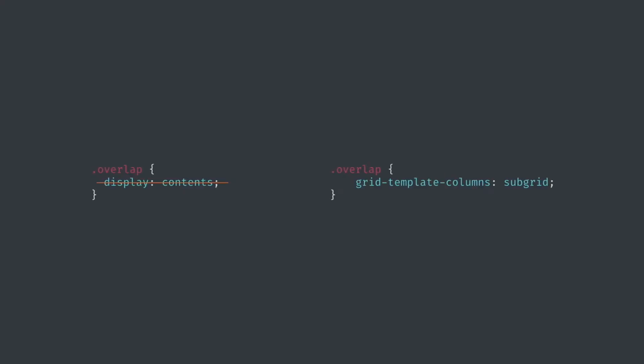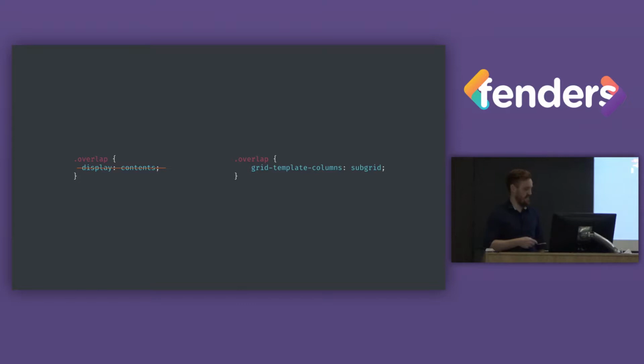With that said though, I had hoped to create this demo using subgrid. You may have been hearing a little bit about this. I think the change would be removing display contents and adding grid-template-columns: subgrid. And what that will mean is it will inherit the parent's grid items and lay it out. Now I say I think, which has probably really filled you all with a lot of confidence.